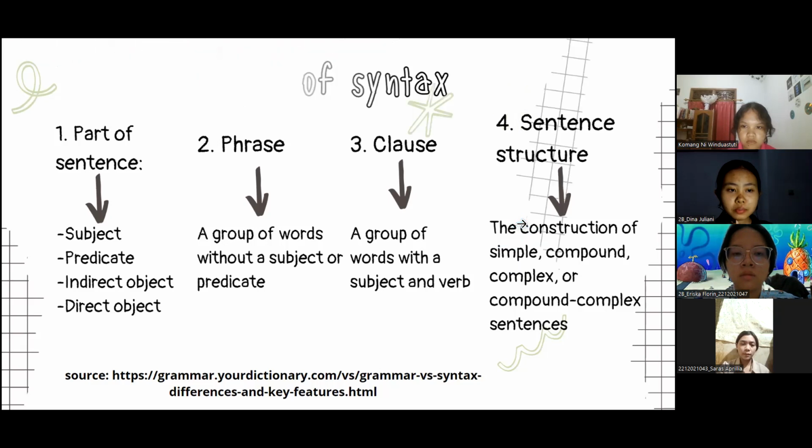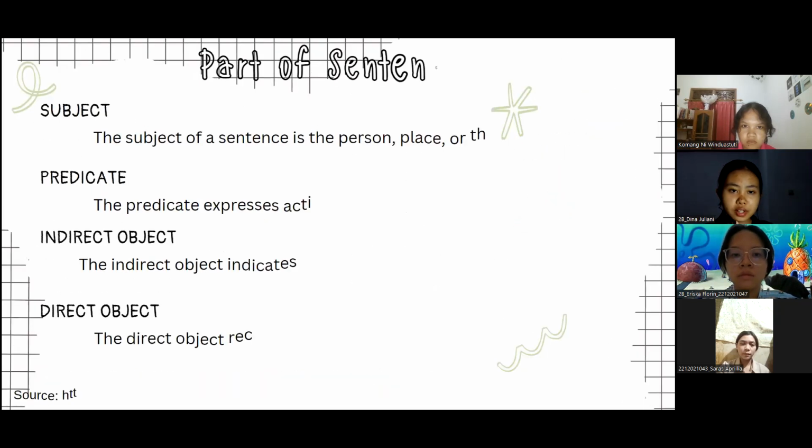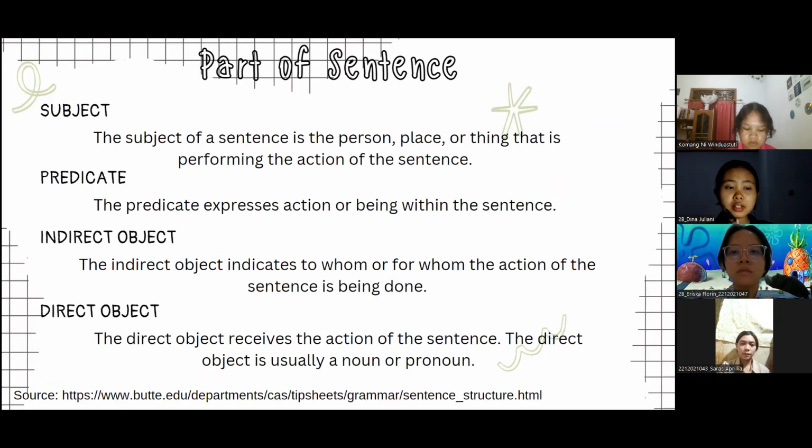So first, let's talk about part of sentence. As I said before, part of sentence consists of four branches. First is subject. The subject of a sentence is the person, place, or thing that is performing the action of the sentence. And then the second branch is predicate. Predicate expresses action or being within the sentence.